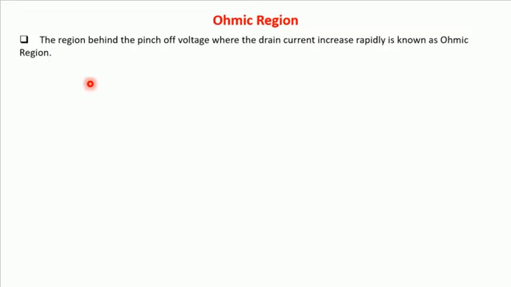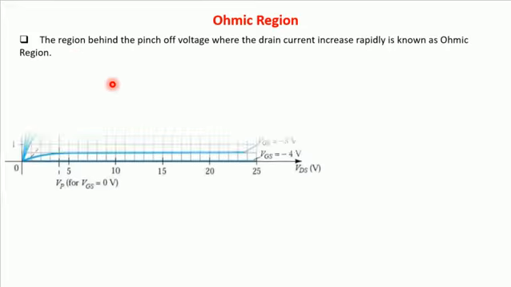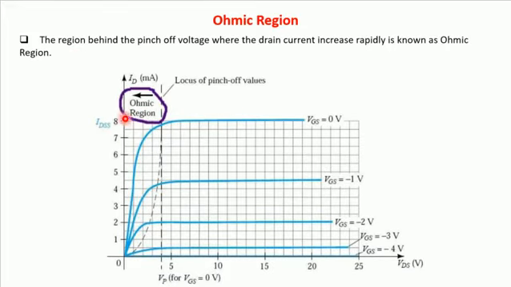If you further increase the gate to source voltage, it will not affect the output current. So this kind of region of operation is called the ohmic region, a particular region of operation for the JFET.